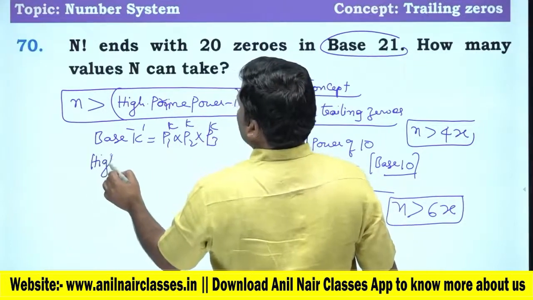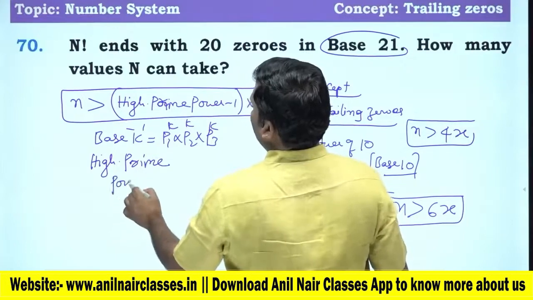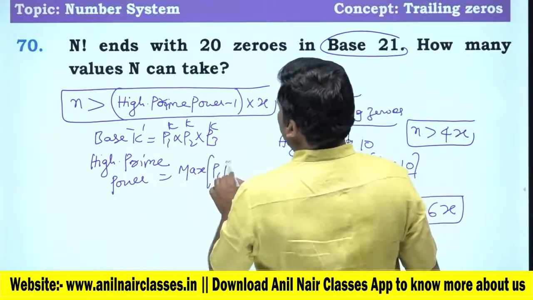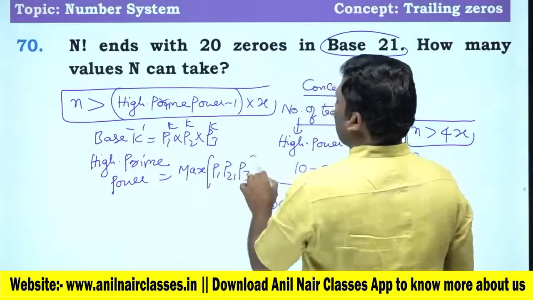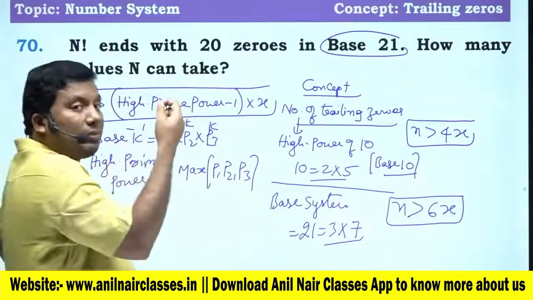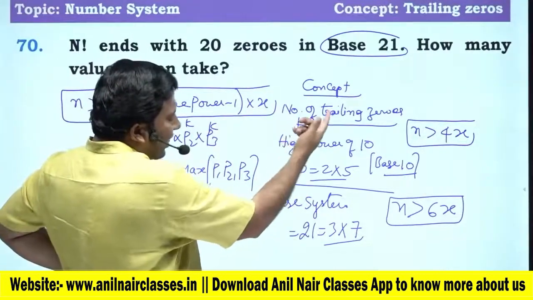The highest prime power will be the maximum of P1, P2, P3. Very, very interesting concept, sir. Suppose in base system 10, 10 is 2 into 5, so n is greater than 4x.